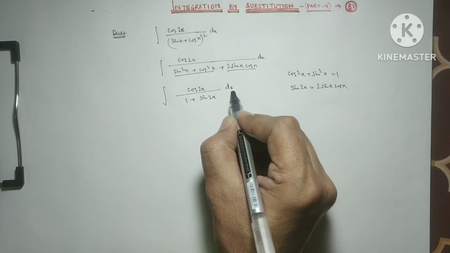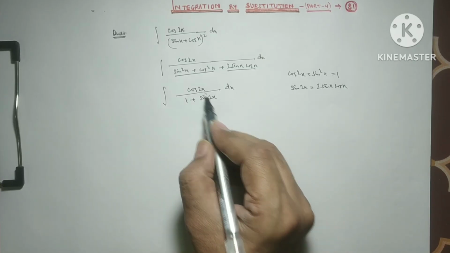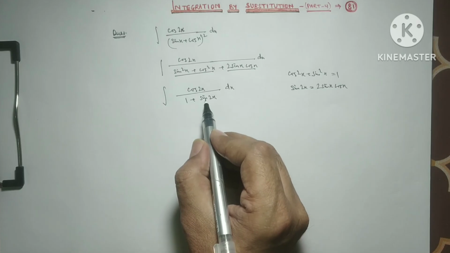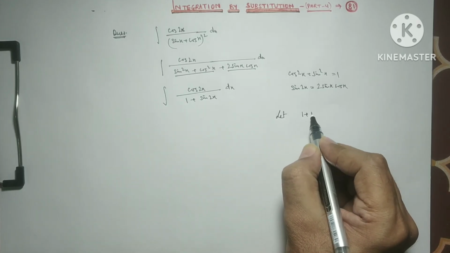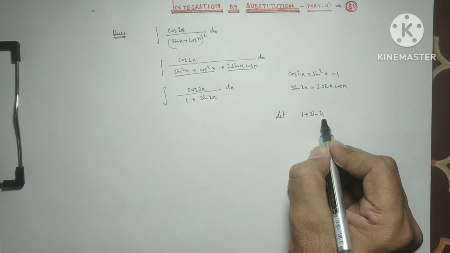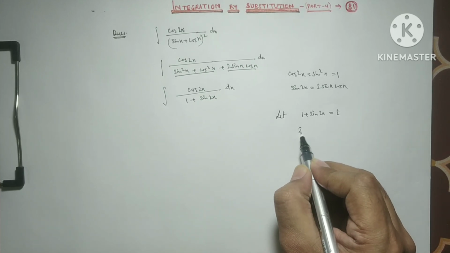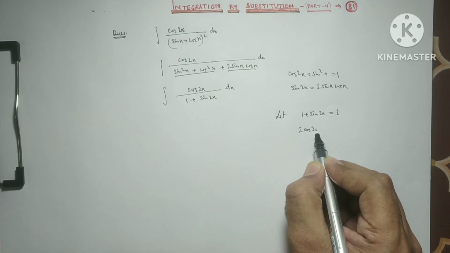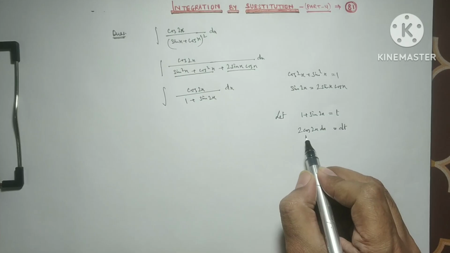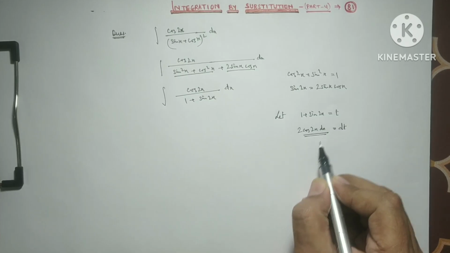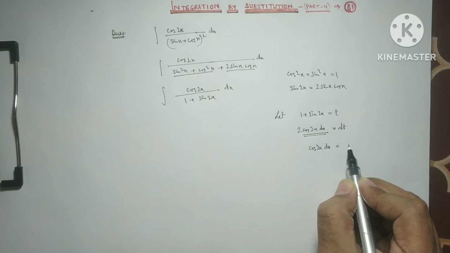So right now we have numerator and denominator both in double angle, and if we consider 1 plus sin 2x as t, then on differentiation we get twice cos 2x dx equals dt. So the value of cos 2x dx, which is in numerator, will be half dt.